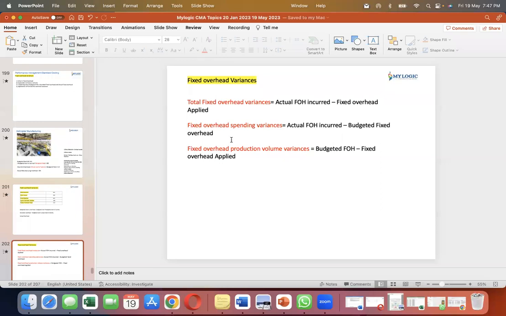Everyone taken? So these three equations you need to apply and fixed overhead variances are completed. Any questions up to now?